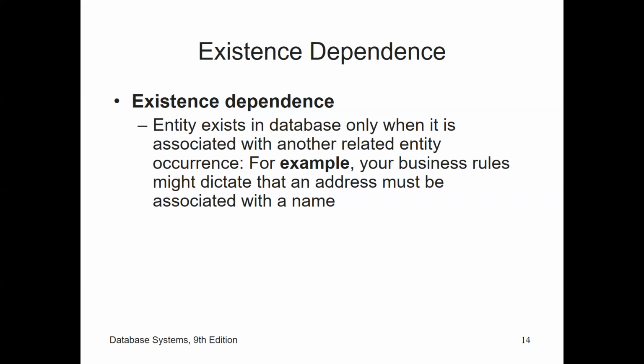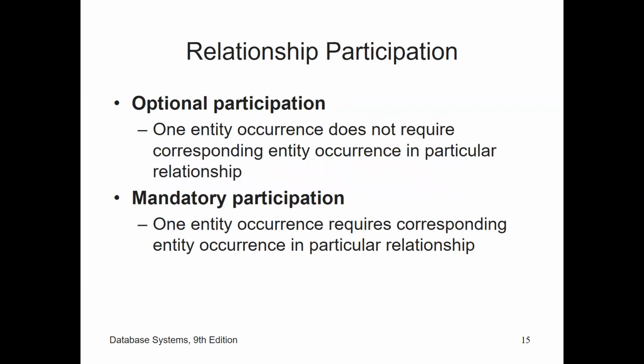Therefore, existence dependence means an entity exists in the database only when it is associated with another related entity occurrence. For example, your business rules might dictate that an entity must be associated with another. Relationship participation.